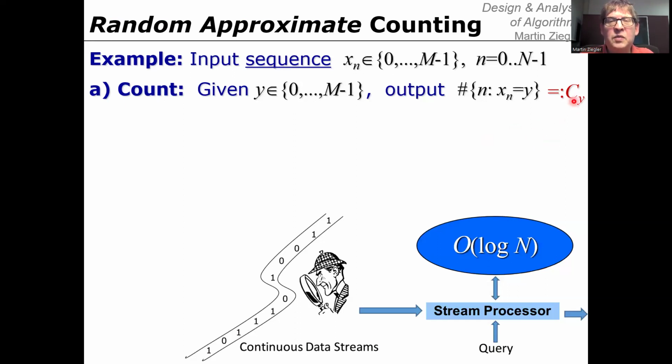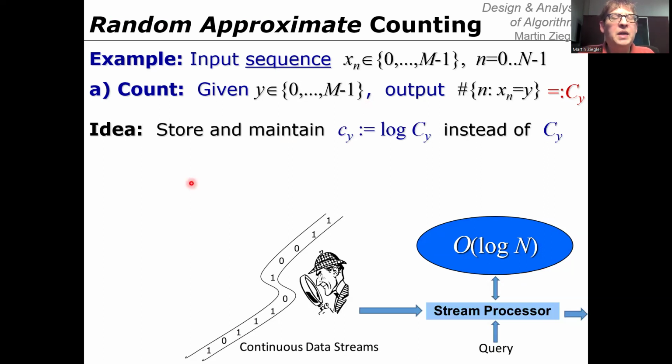So here for Cy, not exactly, but approximate up to factor 2 or up to factor 4, let's say. That's the first trick. Our second trick is our algorithm will use randomization. Now, we already have discussed randomization in chapter 5. So this is, I think, a very interesting application of randomization to save memory and using only approximate counting.